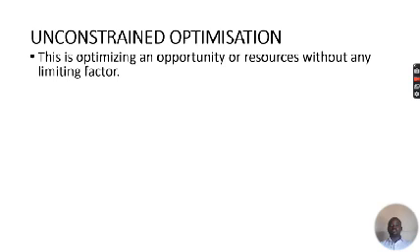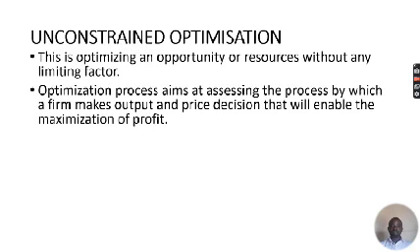The optimization process aims at assessing the process by which a firm makes output and price decisions that will enable the maximization of profit. Output is what you want to produce.